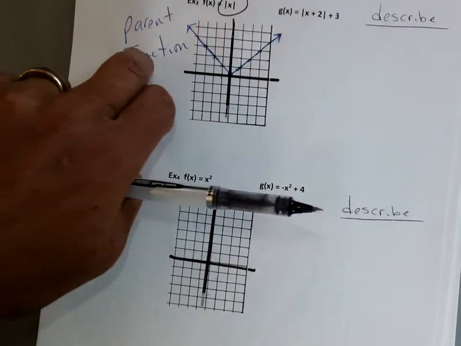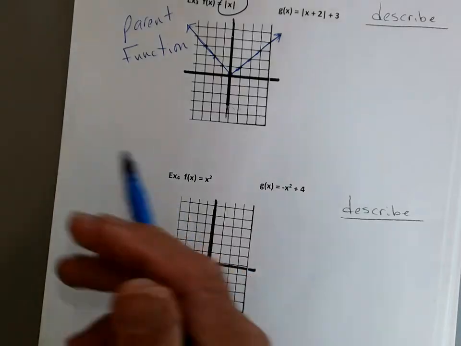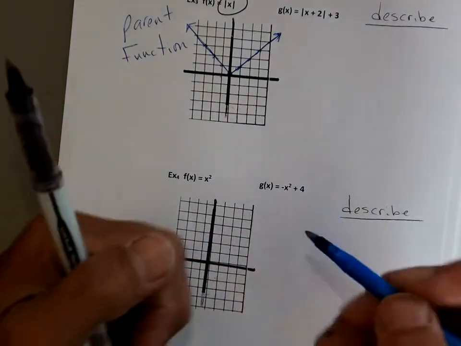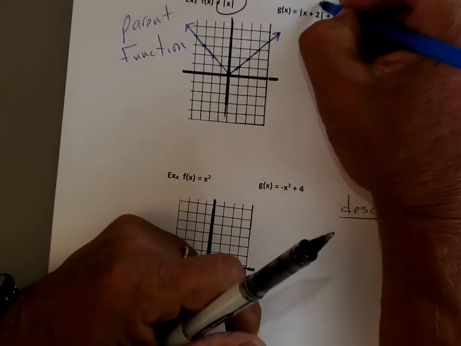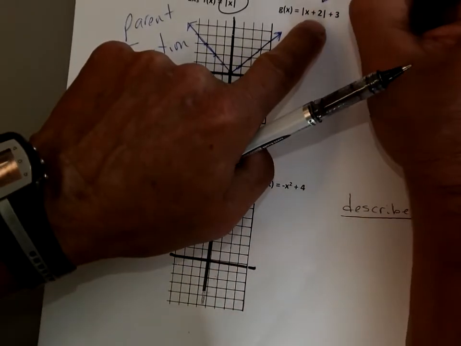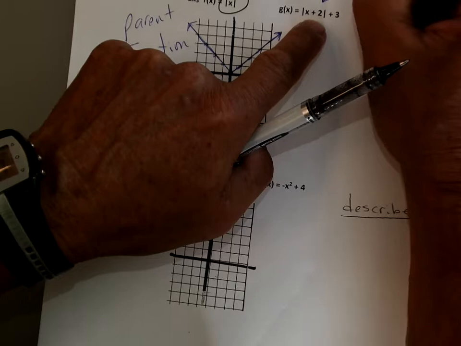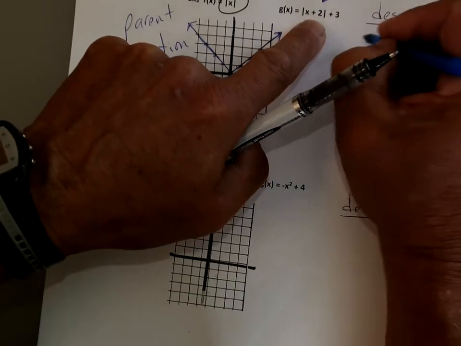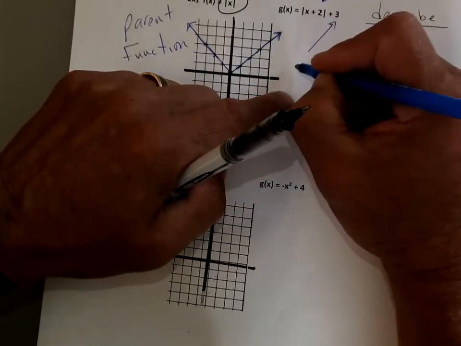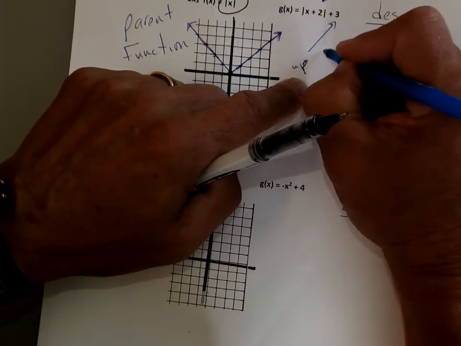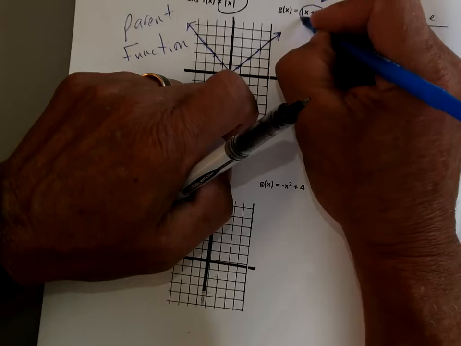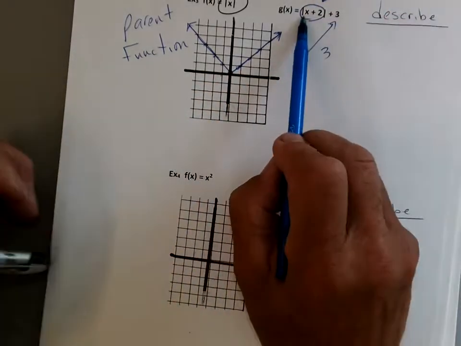Now, hopefully you learned this last year. If you didn't, we're going to try and remind you. We're going to take this graph, the parent function, and move it to the left 2, and then go up 3. The inside is always the opposite, because negative 2 will zero this out.